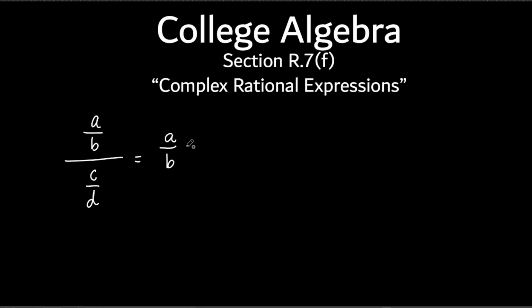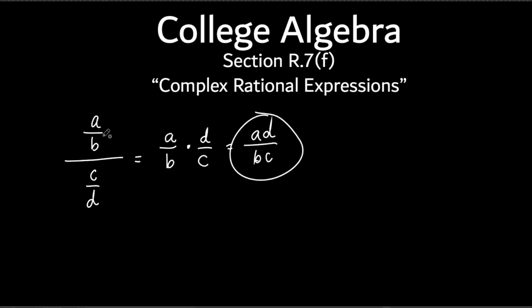So you take the top. Instead of dividing by the bottom, we multiply by the reciprocal, or you flip the bottom. So if you flip the bottom, what do you get? D over C. And now you've turned a division problem into a multiplication problem. See how easy that is? And now you just work this out. So what would this be? AD over BC. You with me? Yes. All right.